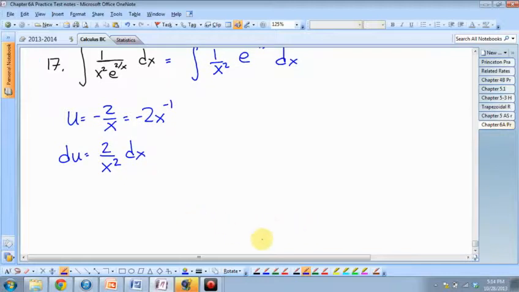Okay, let's see what we have here. We do have the x squared, we do have the dx. We don't need that 2. So 1 over x squared dx equals 1/2 du.